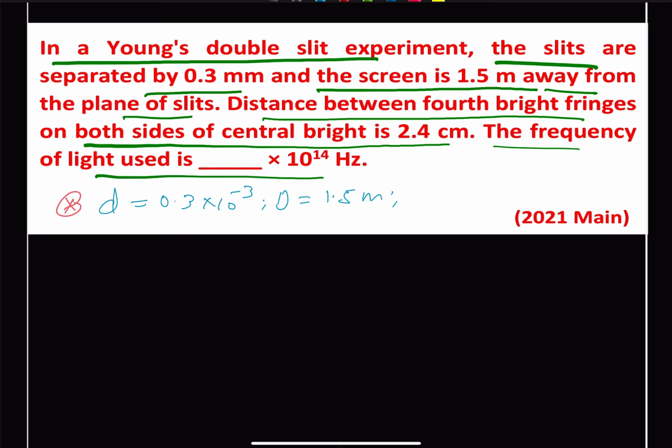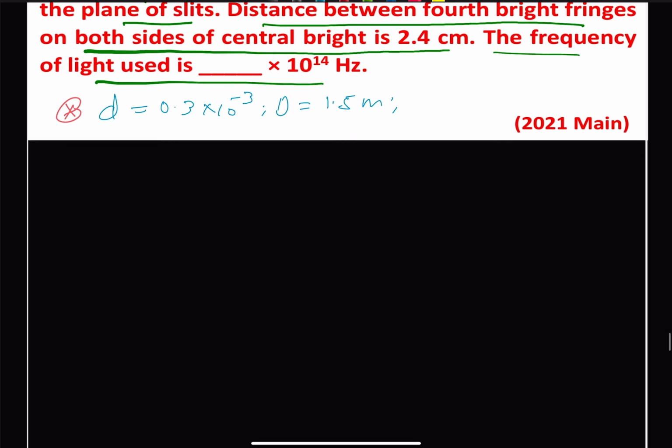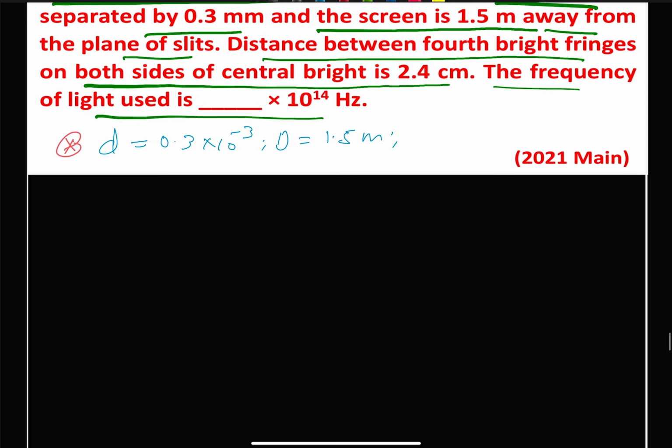and we are given the distance between the fourth bright fringe on both sides. Okay, so we can just draw an approximate figure for that, and suppose this is our screen and this is our fourth bright fringe, and this is on the other side, this is also fourth bright fringe, and this distance is given to us as 2.4 centimeters.